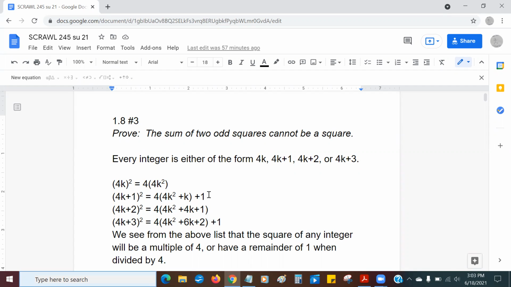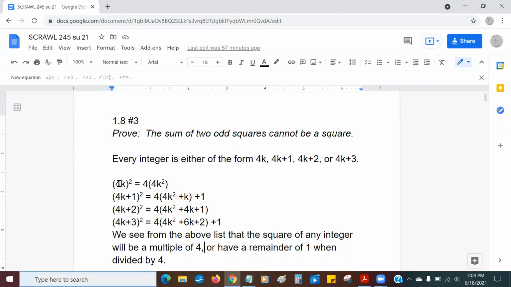Again, I'm writing this in a kind of weird way, but I have reasons for it. When I square 4k plus 2, I get 4 times (4k squared plus 4k plus 1). And when I square 4k plus 3, I get 4 times this blob plus 1.